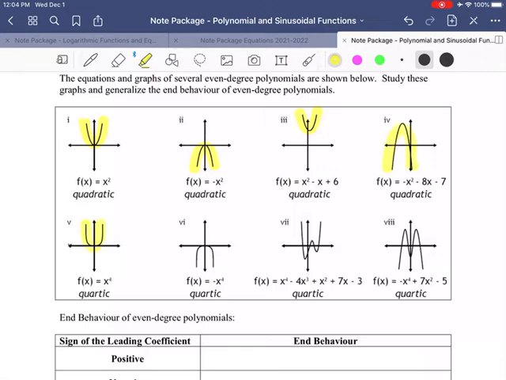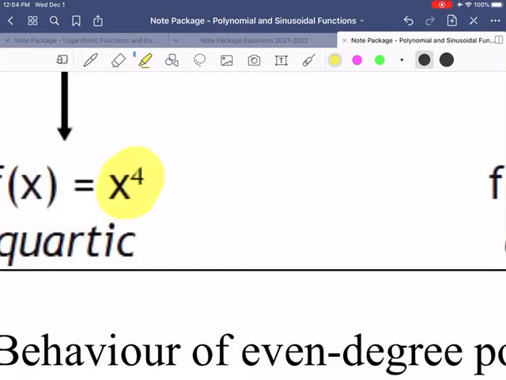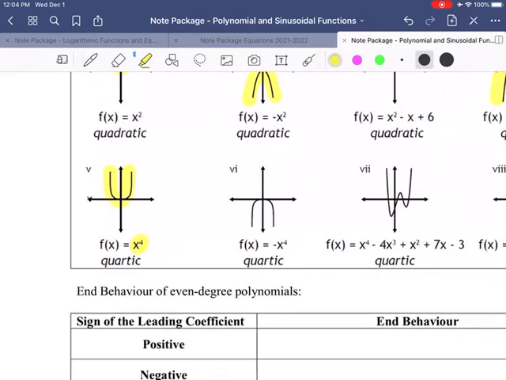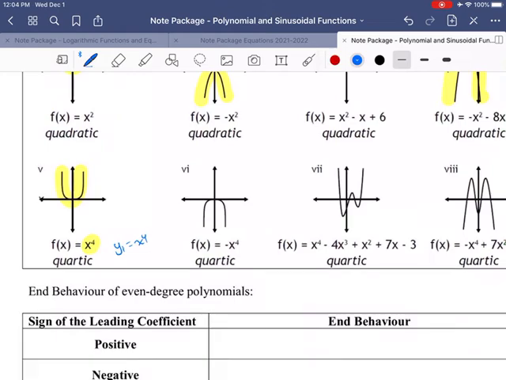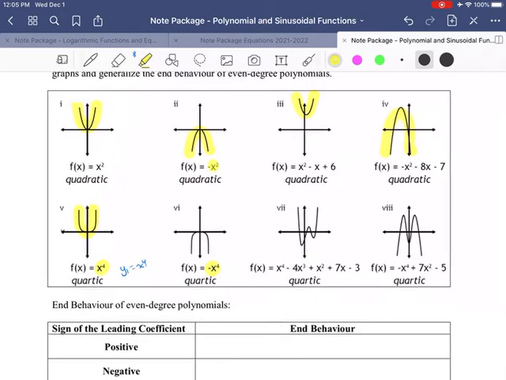This is quartic. So if you put x to the 4 into your calculator, like y1 equals x^4, you are going to end up with the quartic. And this is a negative quartic function. And what do you notice so far about a negative quadratic and a negative quartic? They both go down.